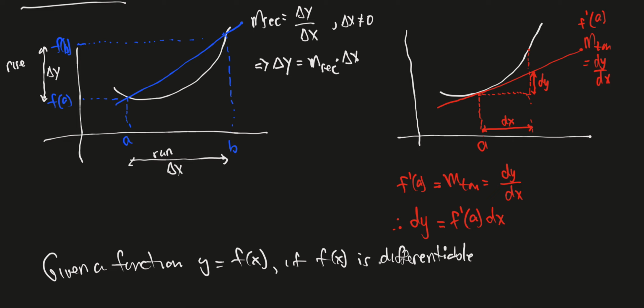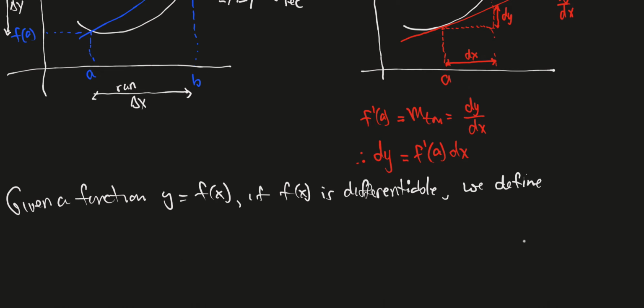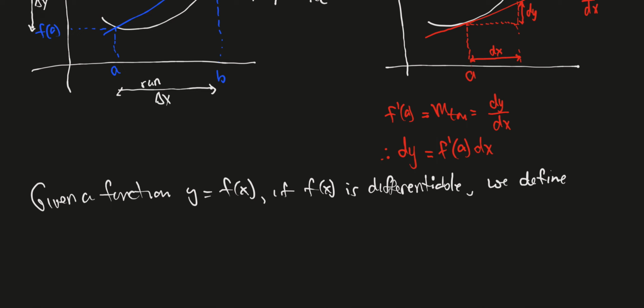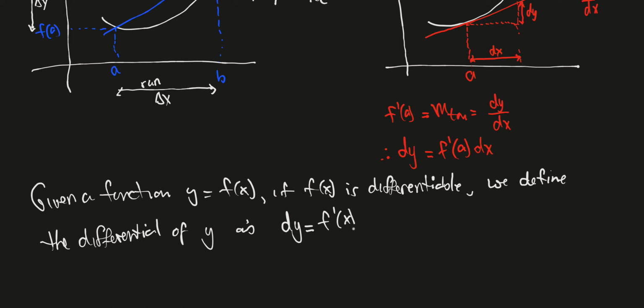So if f of x is differentiable, we define the differential of y as dy equals f prime of x times dx, right?